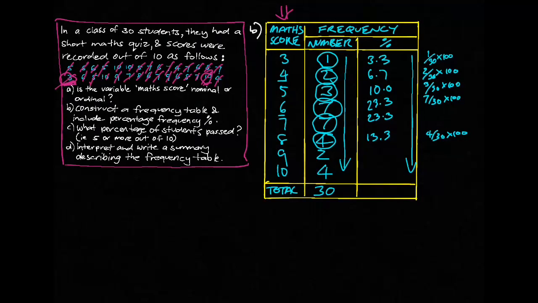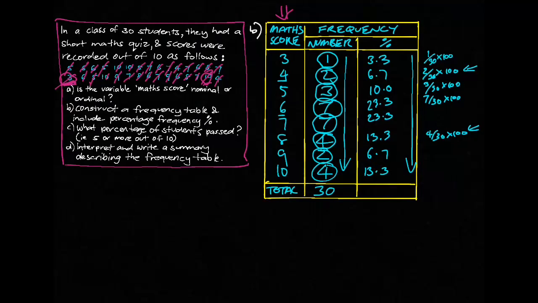Then for the maths score of 9, only 2 people got it, but if you look back up here, we've already done the calculation for 2 out of 30, which is 6.7. And finally, maths score of 10, 4 people. If you look here again, we've already done the calculation for 4 out of 30, which is 13.3.